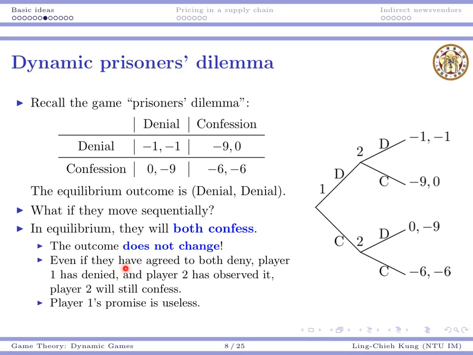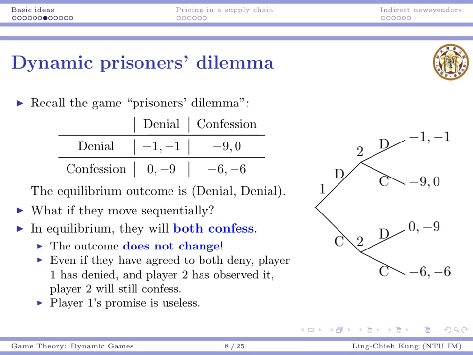Even if they agreed to both deny, and player 1 really denied as a promise, and then player 2 really sees it, player 2 should still confess, right? Because confess is the best thing for player 2 to do. So player 1's promise will be useless in this case. Okay, so we completed 2 examples about dynamic games.